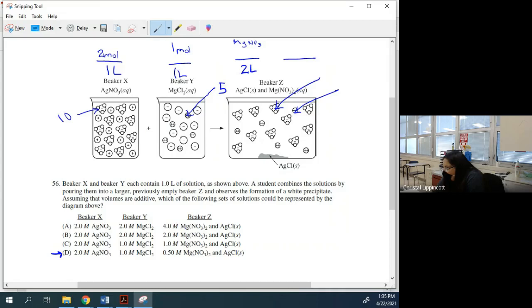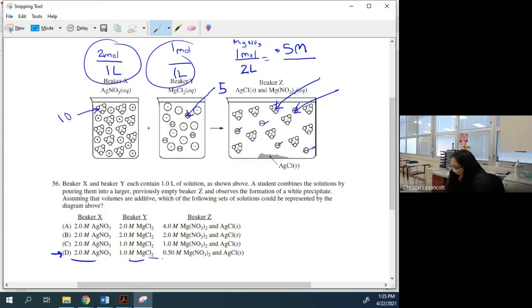How many magnesiums do I have? 1, 2, 3, 4, 5. So how many moles is that? Well, I didn't change that at all. That's still 1 mole. So what's my molarity here? 1 divided by 2, 0.5 molar. So here I had 2 molar, 1 molar, 2 molar, 1 molar, and a half molar.